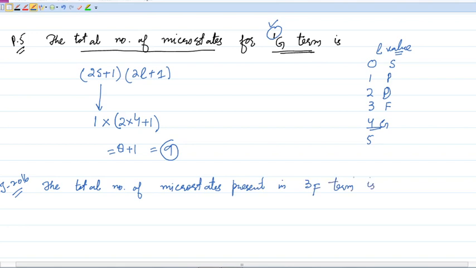It is very simple. The options were: first option was 3, second was 21, third was 9, and the fourth option was 28. So I think you can do this question on your own.